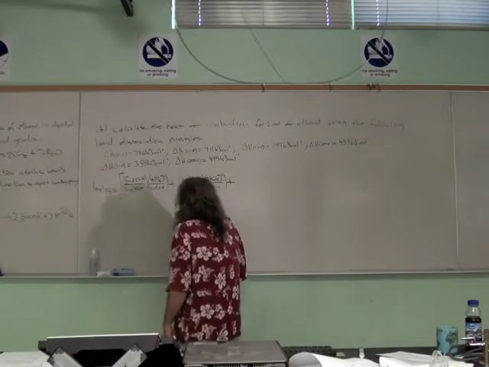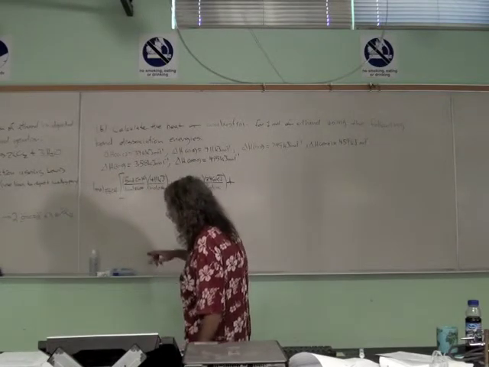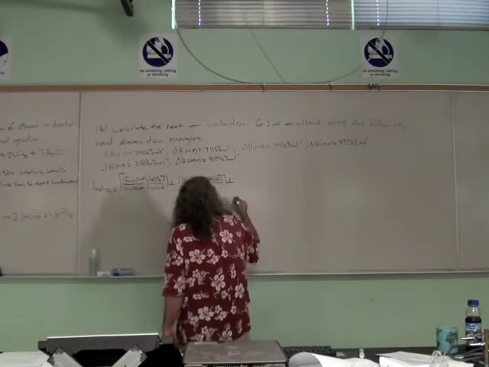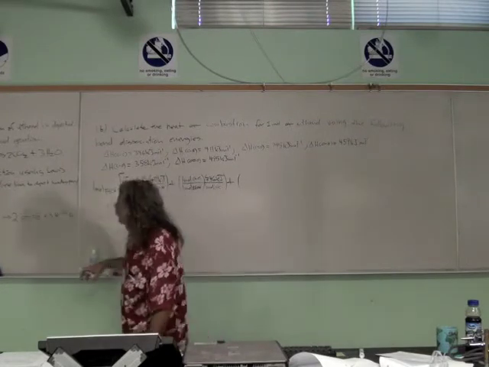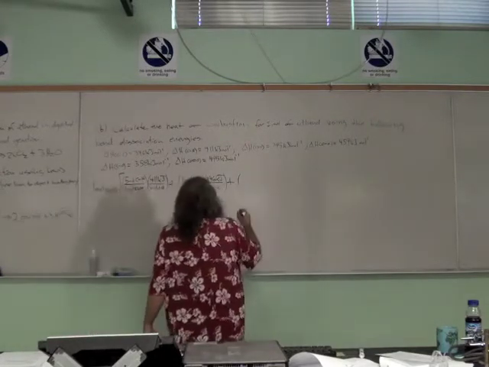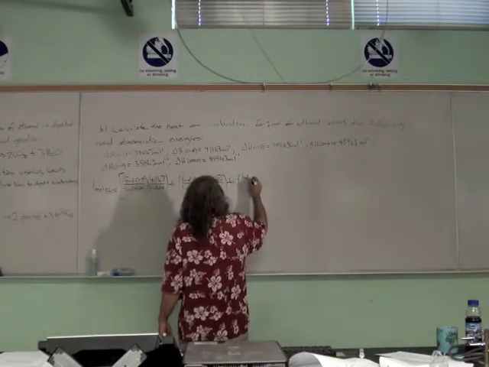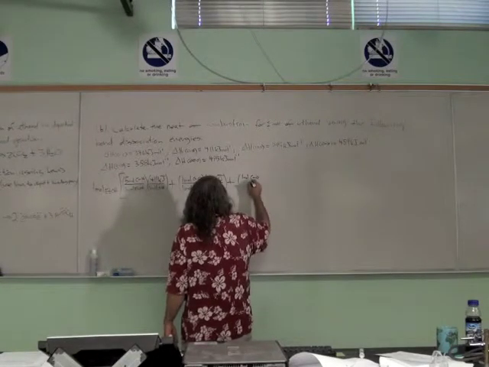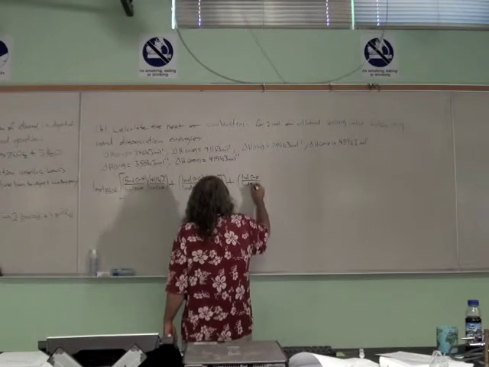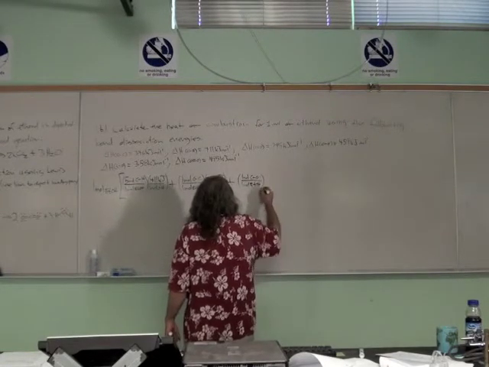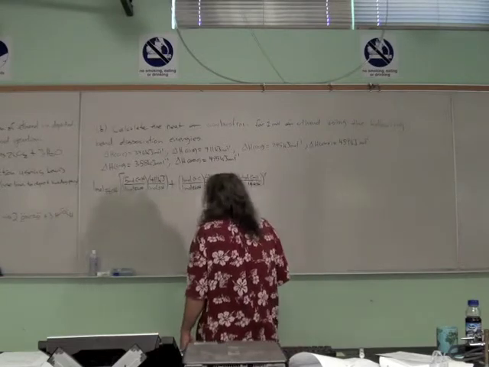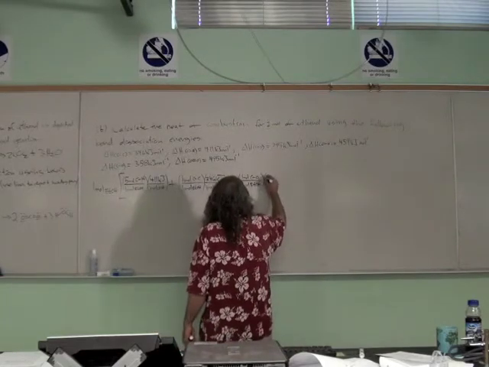Plus, now I've got, what other type of bonds are there? Carbon-oxygen? How many moles of carbon-oxygen bonds are there here? 1 more. What for every mole? Yeah, there's 1 mole of CO for every 1 mole of ethanol. And that has a bond association energy of 358.